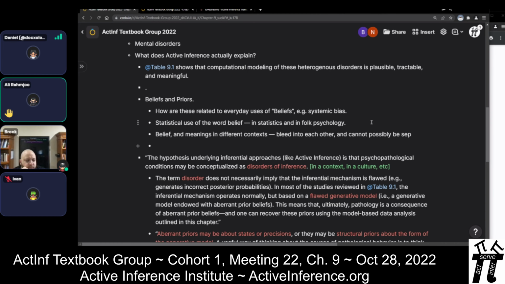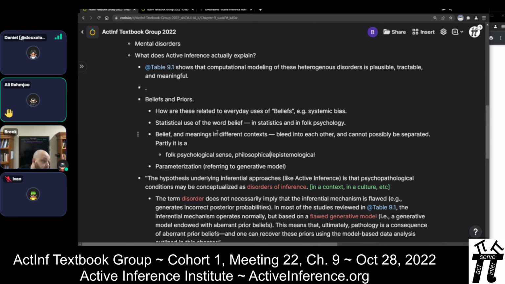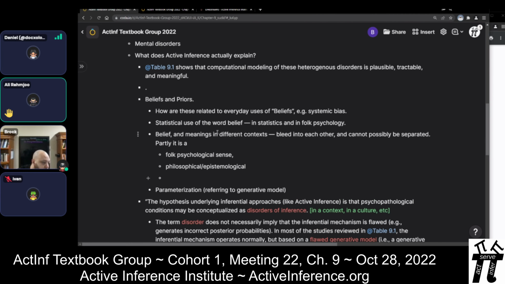In this particular case, the word belief is partly the folk psychological sense of the word, and partly based on the philosophical, epistemological sense, because especially in epistemology, when philosophers talk about belief, usually they don't mean just the folk psychological sense, although it relates to that concept, but it's much more nuanced.